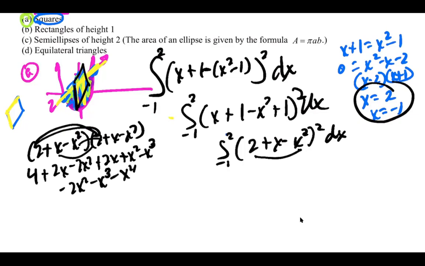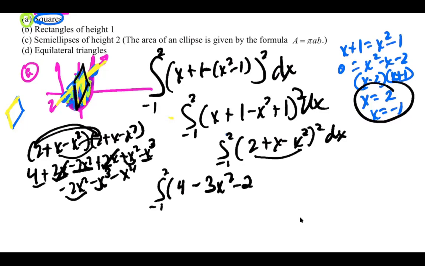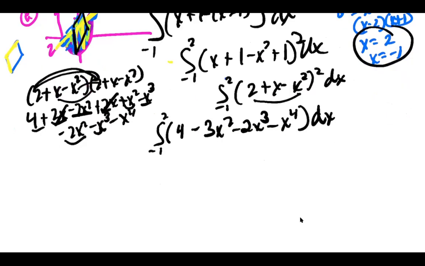All right, so I have the integral from -1 to 2 of 4 minus 2x plus 2x cancels out, minus 2x squared, minus 2x squared is minus 4x squared, plus this x squared is minus 3x squared. And if I could miss it, this is probably where I'm going to miss it, minus 2x cubed minus x to the 4th. So tedious, but not too hard.